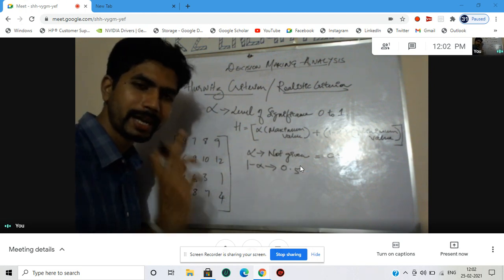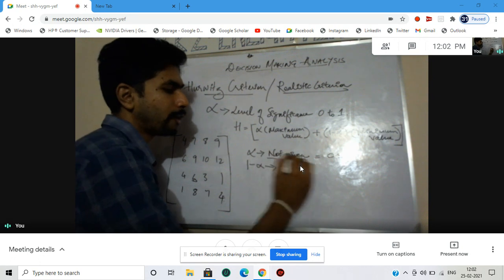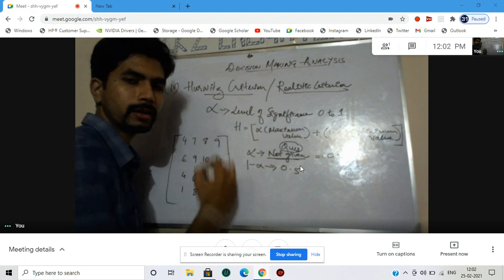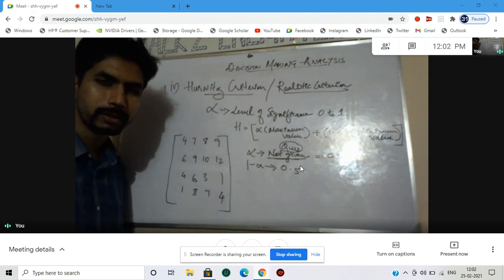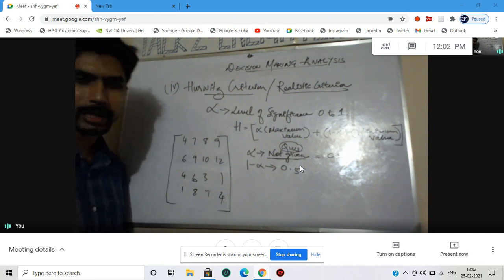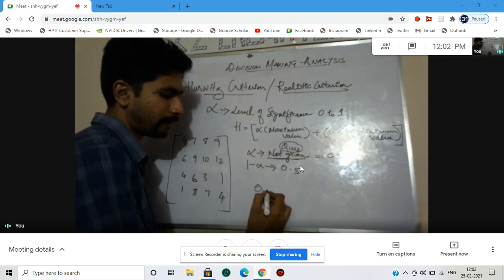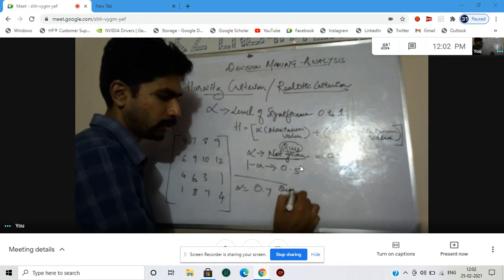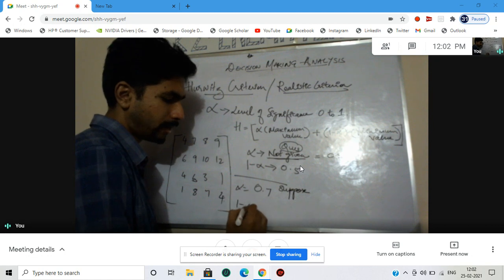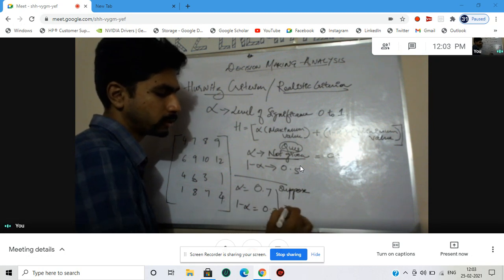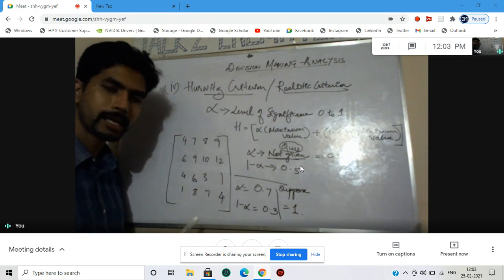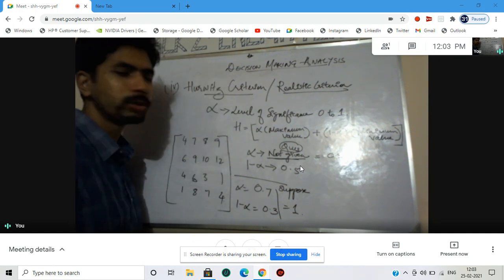This value should be taken only when the alpha value is not given in the question. In case they have given the alpha value, please consider that particular alpha value only. Suppose they have given alpha as 0.7, then 1 minus alpha would be 0.3. This should sum to 1. Is that clear?